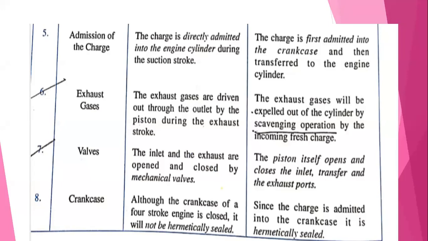When the suction stroke takes place, the inlet valve is open, and in the meantime the exhaust valve is closed. At the end of the third stroke and the start of the fourth stroke, the exhaust valve is open, which makes the exhaust gas exit.